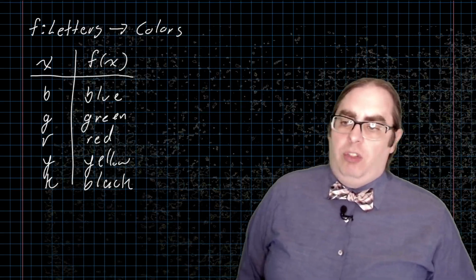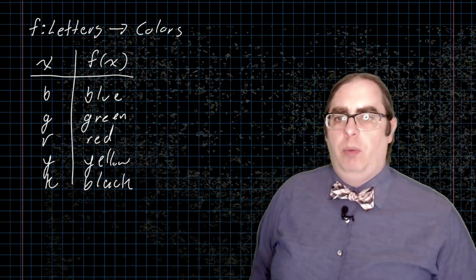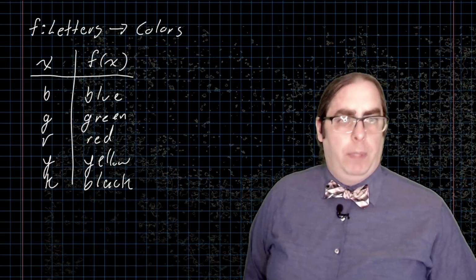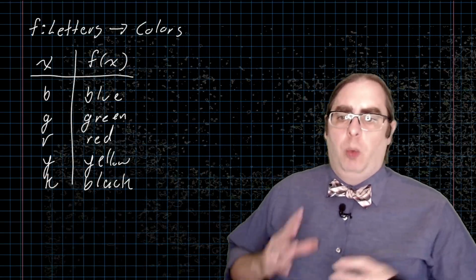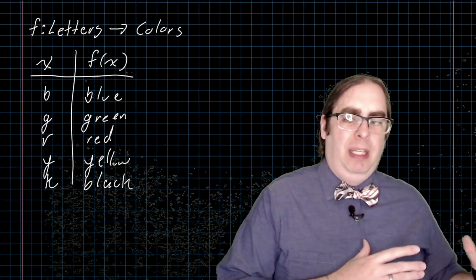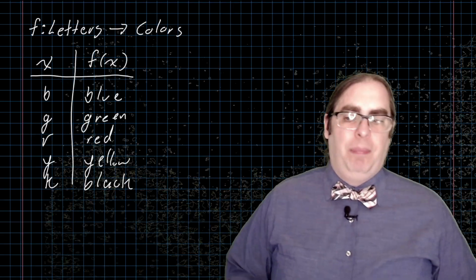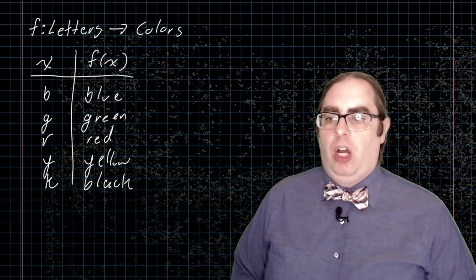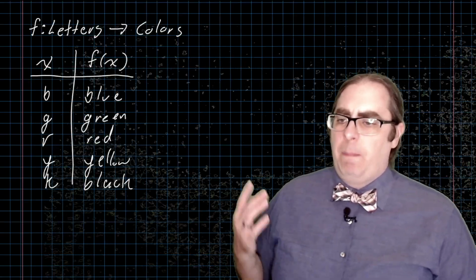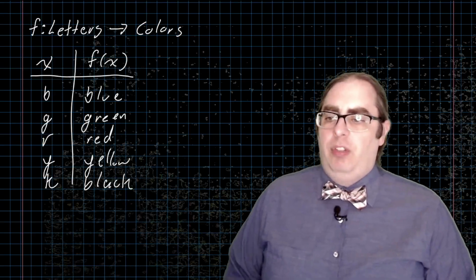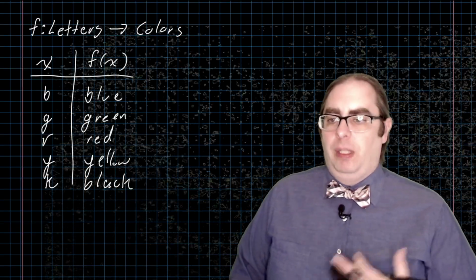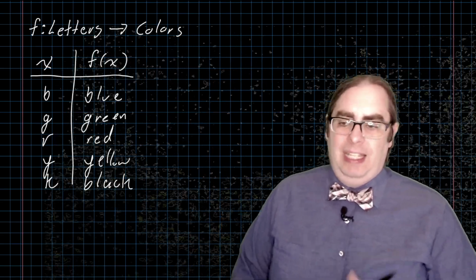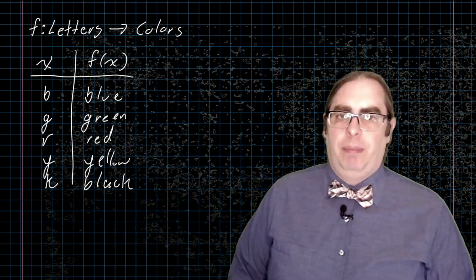One of the things that will tend to happen with a function defined by a table is that it usually is there for some purpose. All right, so we are working with a machine that is going to be dyeing or painting something, and we hit the key to tell it what color we want our objects to be painted. And then we end up in a situation where people are getting very confused because they're hitting B for black when B is giving them blue and K is the variable assigned to black.